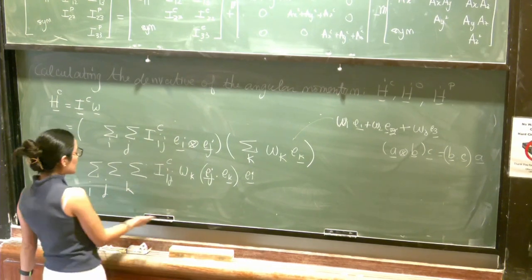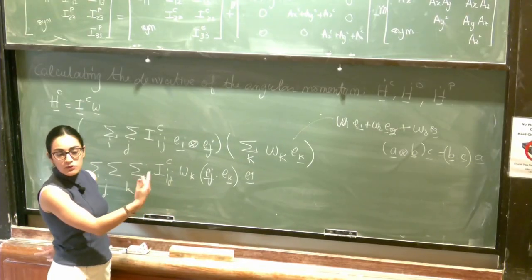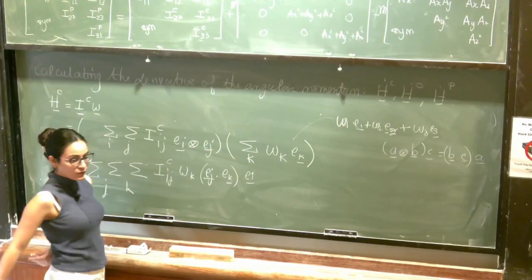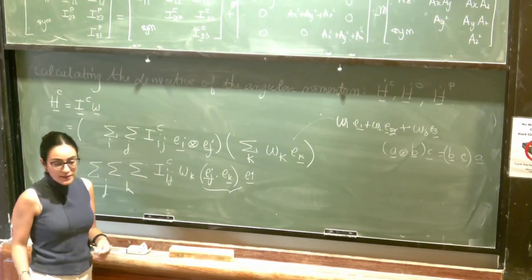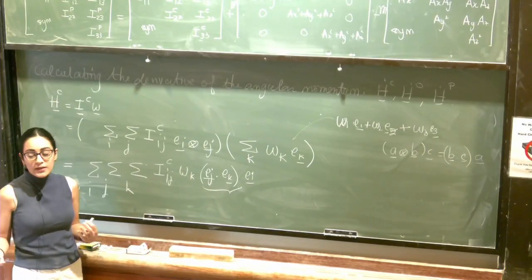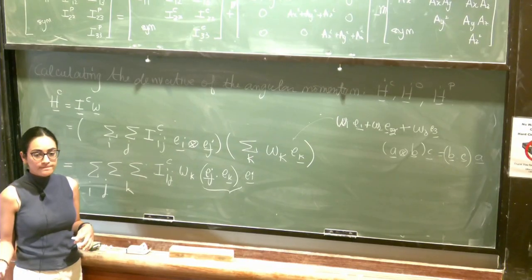So remember, j and k go from 1 to 3. Basically, e_j is e1 if j is equal to 1, e2 if j is equal to 2. So that's e1, e2, e3. e_k is also e1, e2, e3. So what can you say about this dot product? It's like taking the dot product of ex dot ex or ex dot ey or ey dot ez. What are the two possible values of this dot product? 1 and 0.